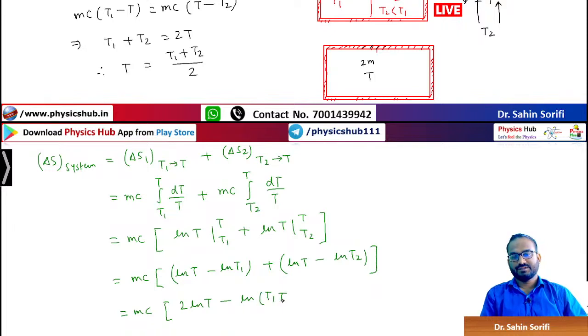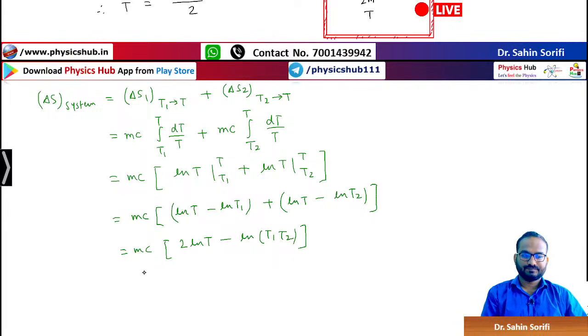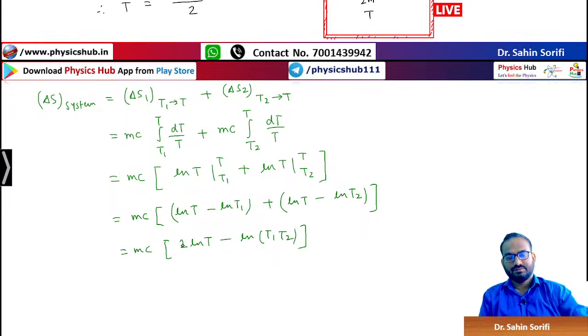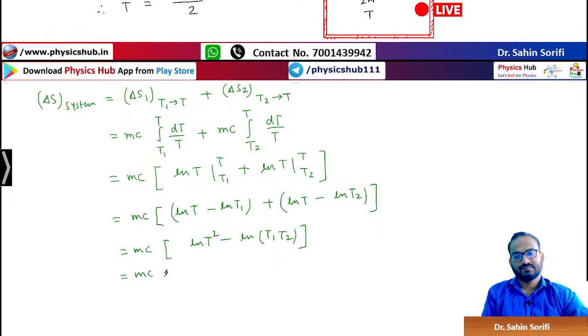We can take the 2 to the power, so it is mc ln T square by T1 T2.